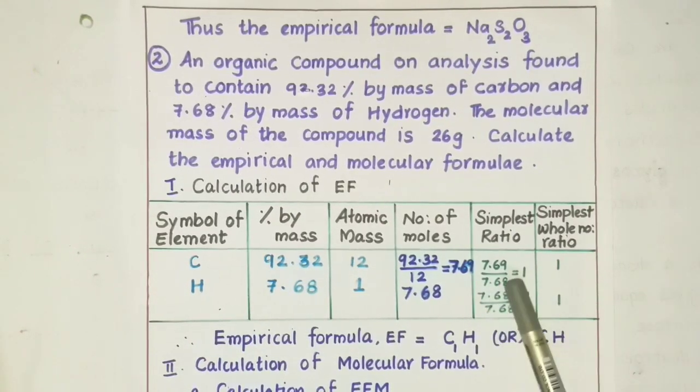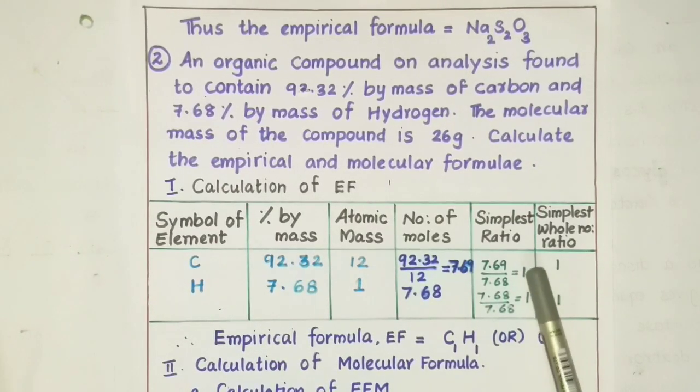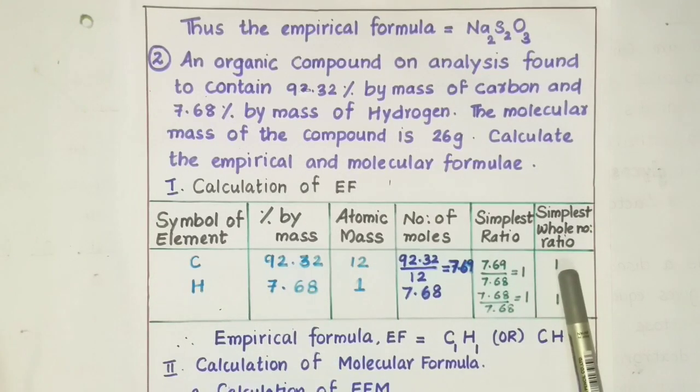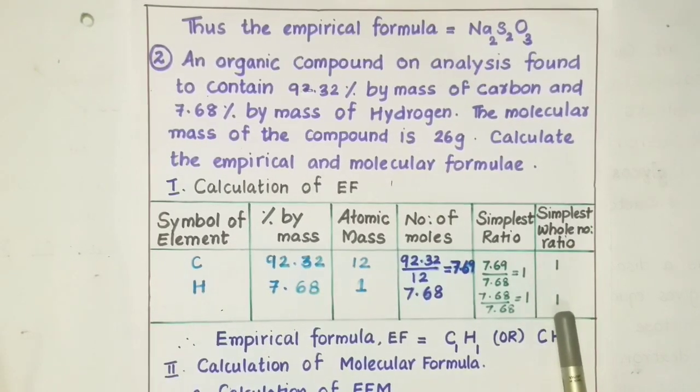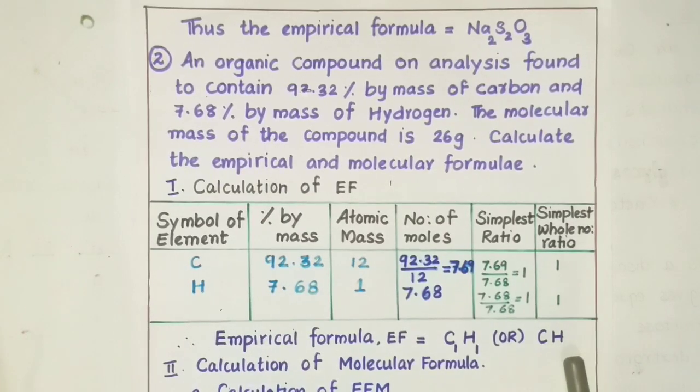Then 7.68 by 7.68 is equal to 1. Then these two are whole numbers, so directly write here 1, 1. Therefore, the empirical formula is C1H1 or CH.